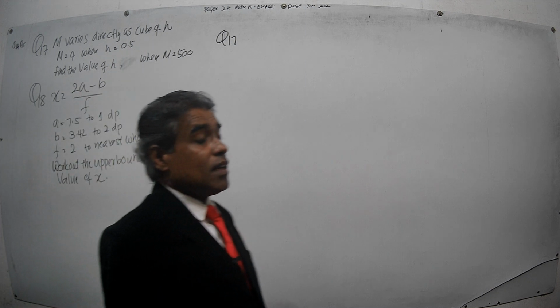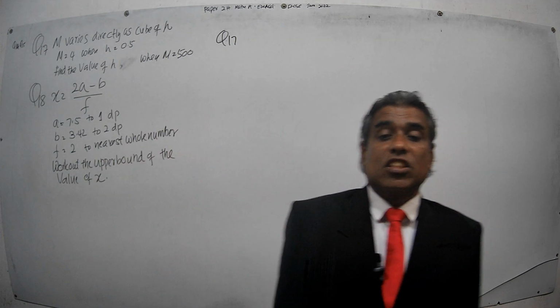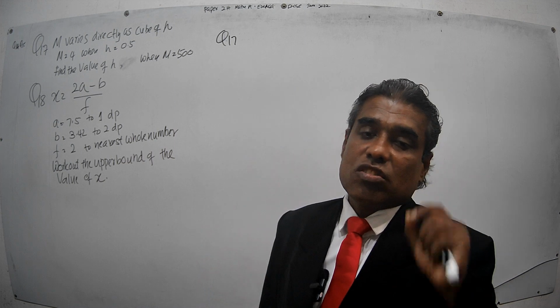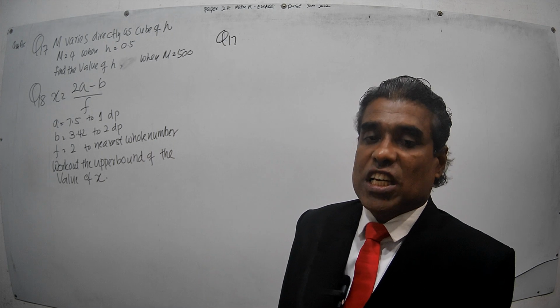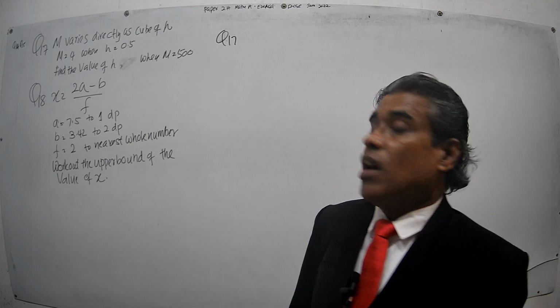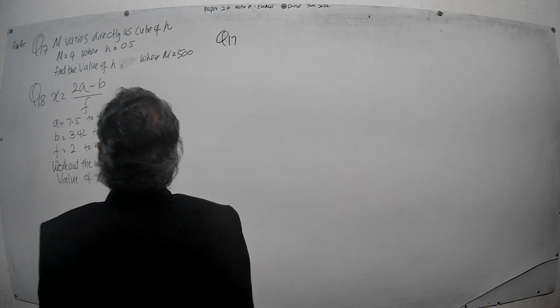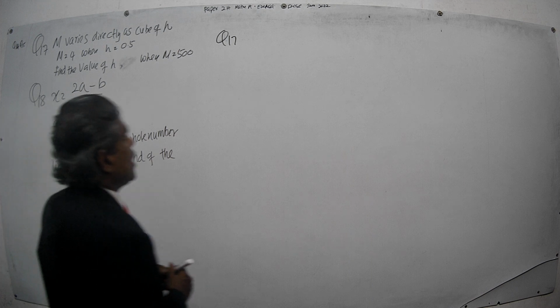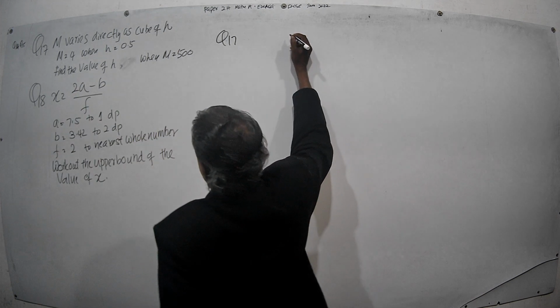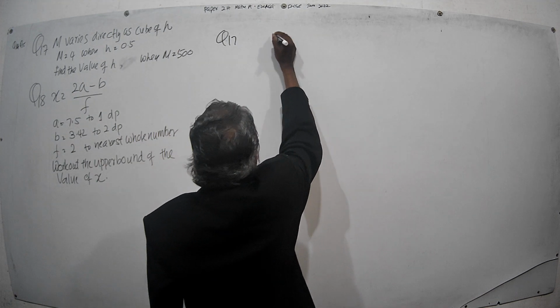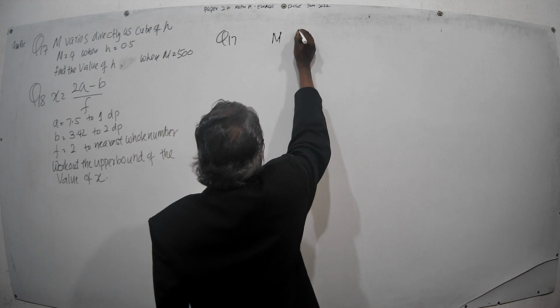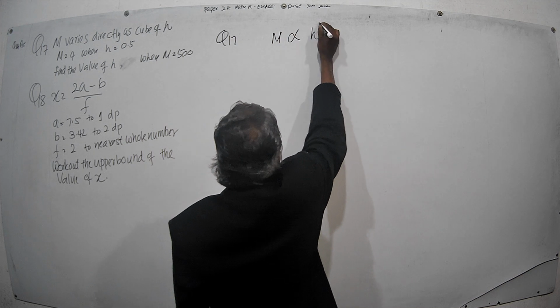What do you mean by that? M varies as cube of h means m is directly proportional to h cube. Like this. M is directly proportional to h cube.